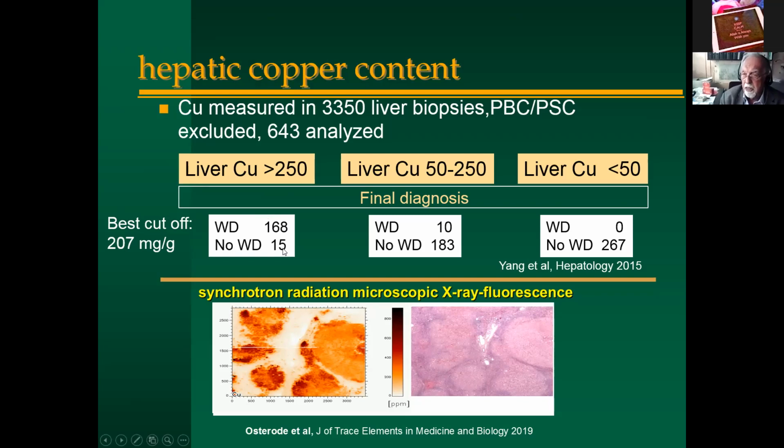What does this patient have? Cholestatic disease. If the liver copper is in between, then only 10 had Wilson's disease, and most of them had no Wilson's disease. And liver copper below 50 clearly excluded Wilson's disease. And in this study from China, the best cutoff value was 207 micrograms per gram.